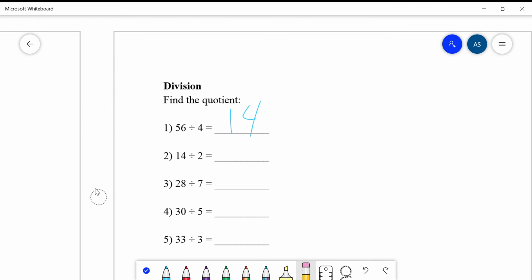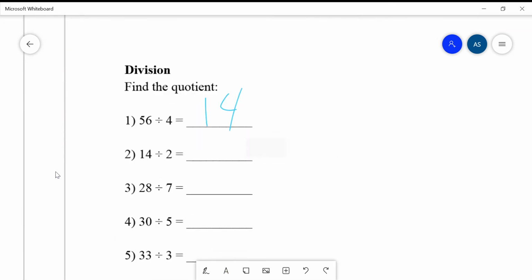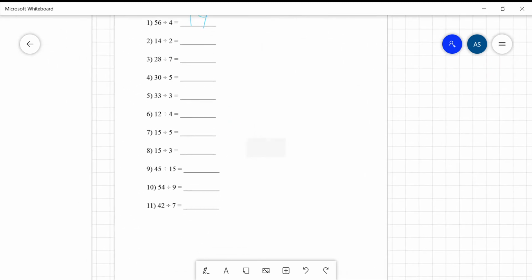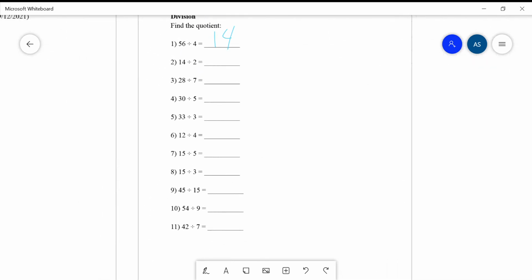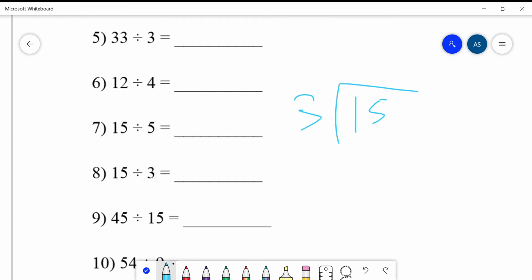I could show you one more time maybe with, let's go to number 8, 15. So we have 15 inside the house, 3 outside the house, and look, we can't fit 3 inside this 1, so we're going to have to look at this whole number and see how many times 3 could go inside 15.